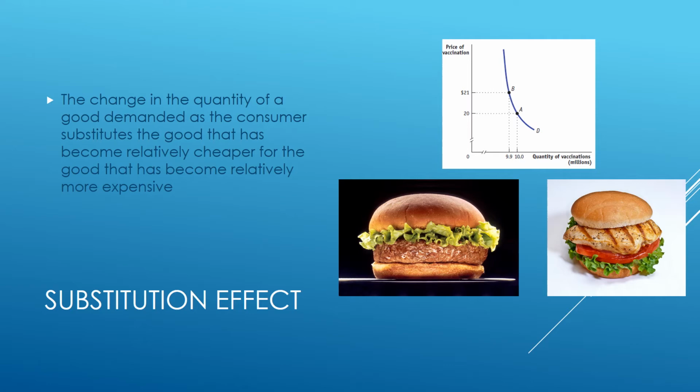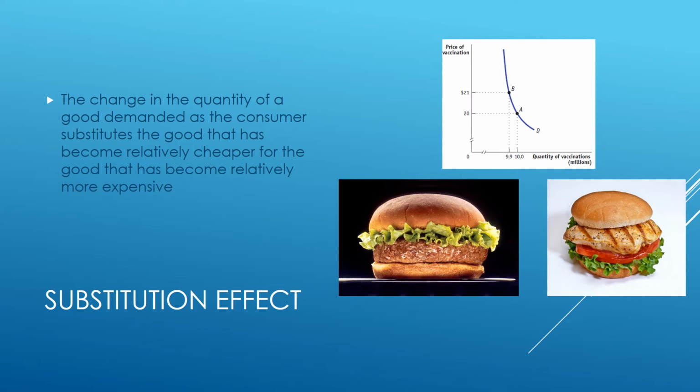Well, what really matters is the relative price of things that you would use to substitute one good for another. On the right side, I put two goods, a hamburger and a grilled chicken sandwich. For most people, those would be substitutes. Let's say that the hamburger becomes more expensive.